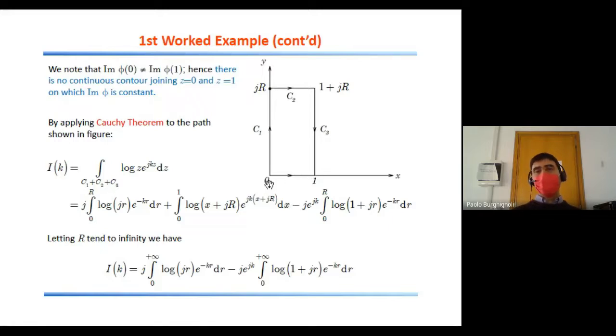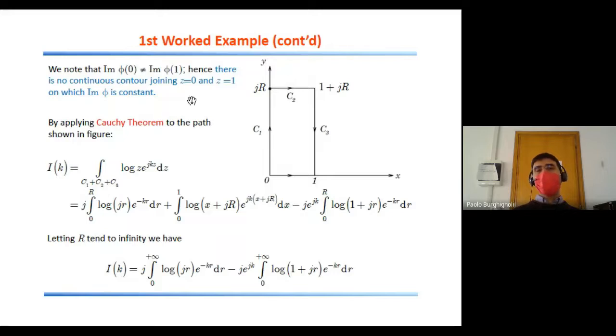In fact, the steepest descent path from the origin goes all the way vertically through the positive y-axis, whereas the steepest descent path from 1 goes all the way vertically from the point 1, and those are two parallel half lines.